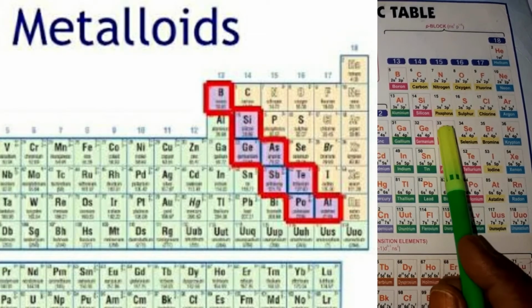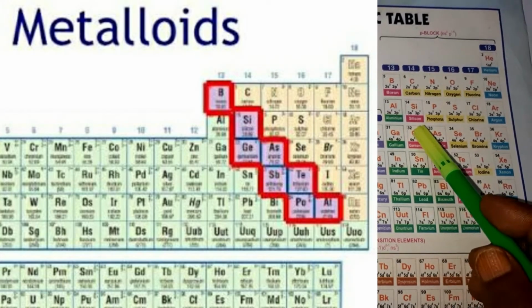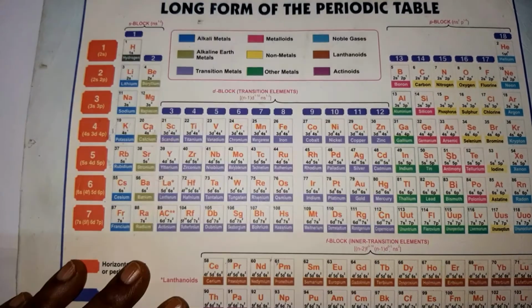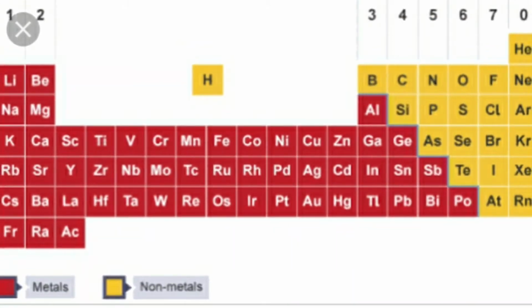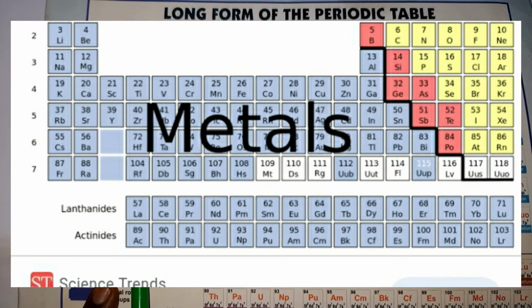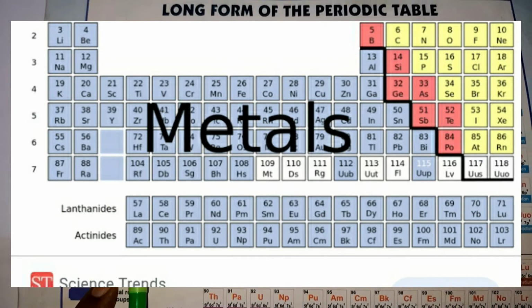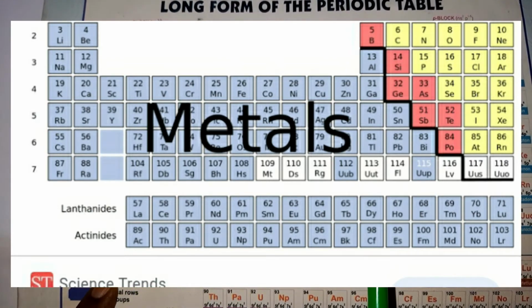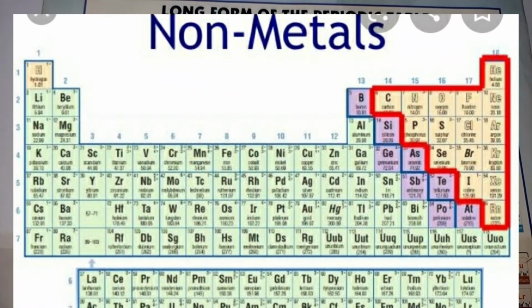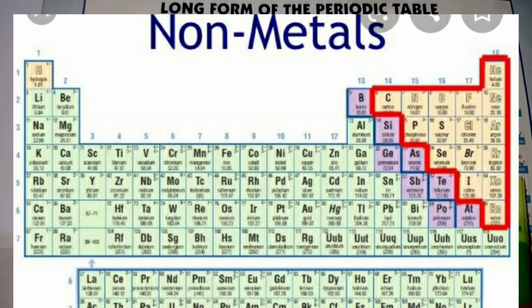They are called metalloids. So we can see metalloids, and we can see metals as well as non-metals in the periodic table, children. Towards the left side, we can see the metals, and towards the right side, we can see the non-metals.